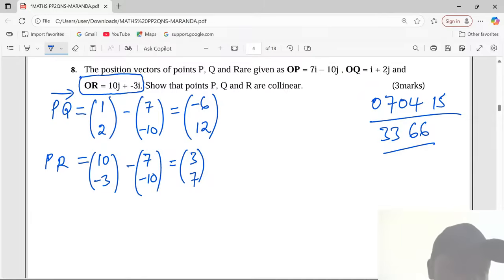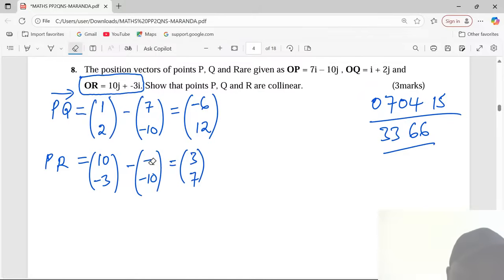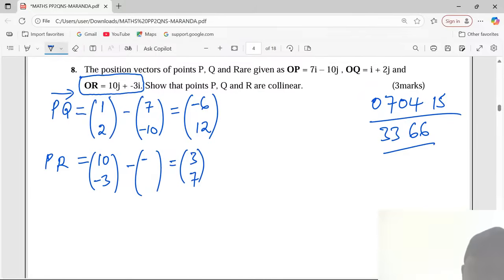That means x and y have been interchanged, and therefore we are supposed to be very careful here. i comes first, so −3 should come first, then 10.